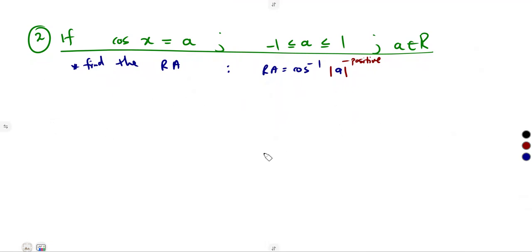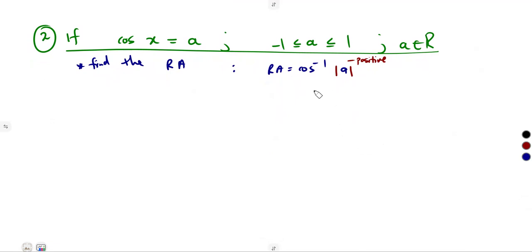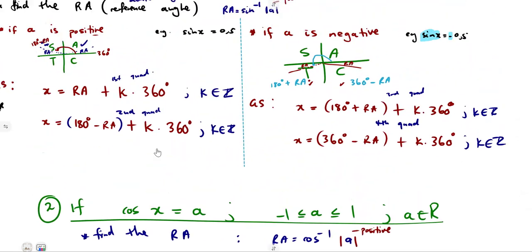After you have determined the reference angle, you can then use the quadrants, just like what we had in the previous case. So number one, we consider a being positive.